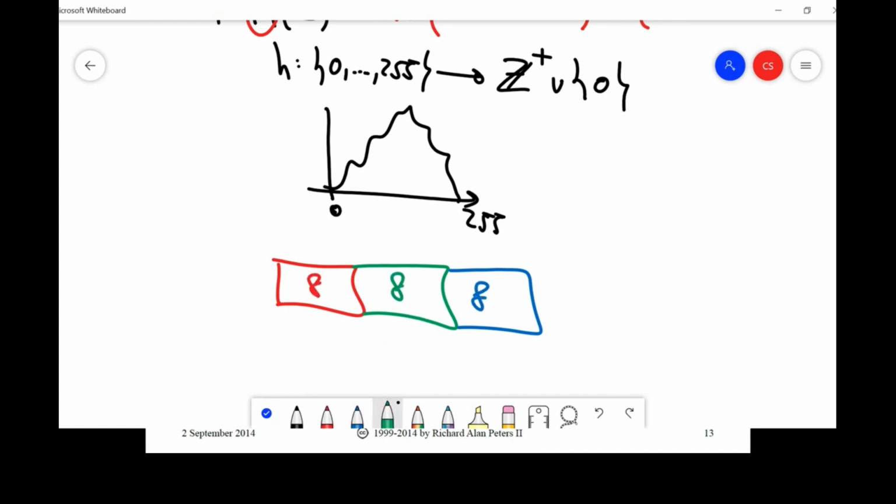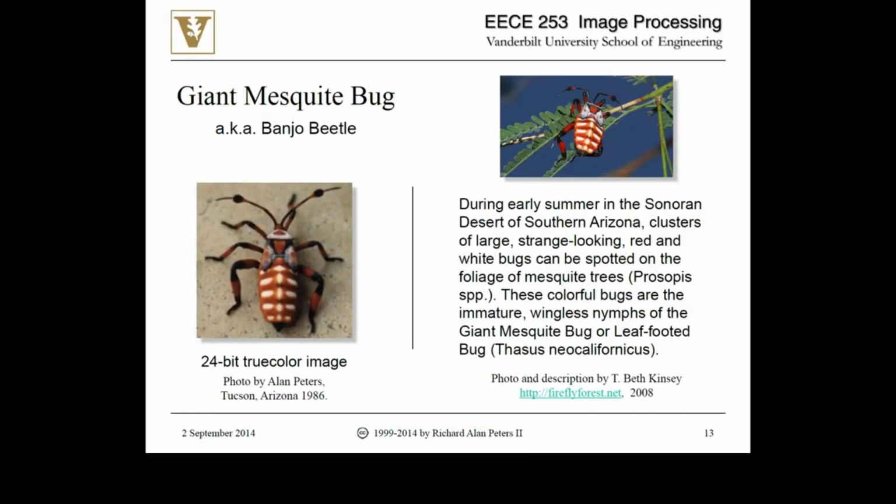Then we have 24 bits, and this is called true color. We understand now that true color is only an approximation because in reality the number of photons coming from each one of the colors is a continuum, so we cannot simply represent it with 8 bits, but okay.